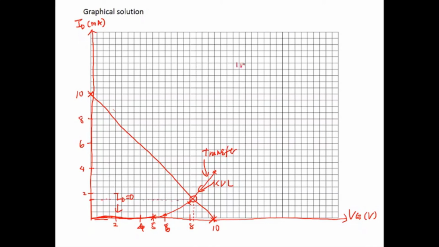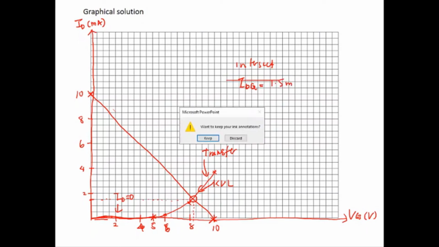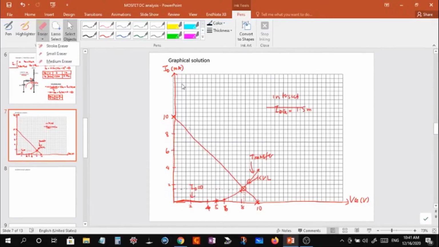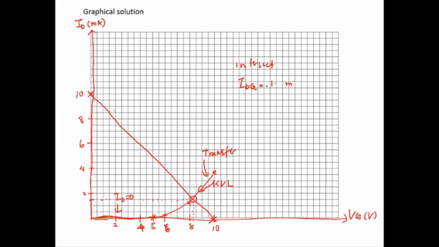So here the intersection is IDQ equal to 1.5 milliampere, and VGSQ is around 8.25 volt. So this is the solution using the graphical method.